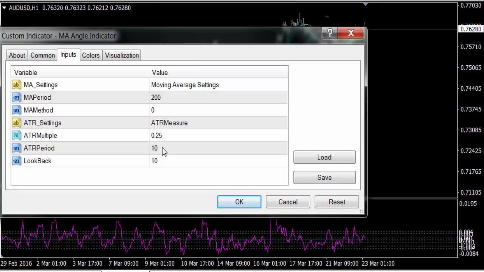If it's less than that same amount, then it'll be red. Okay, so that we can see either way it goes. ATR is simply average true range. It's a measure of volatility, and we're looking at the 10 period average of that true range.